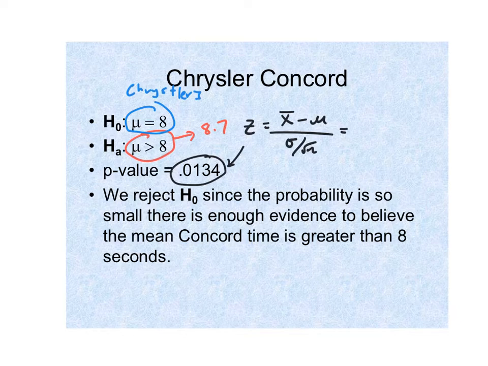So there's something fishy going on, in other words. Because we got a value that was so far from the claim, then we're going to reject the original claim since the probability is so small. There's enough evidence to believe that the mean concord time is greater than 8 seconds.